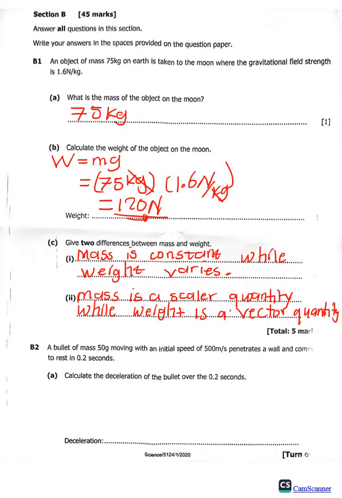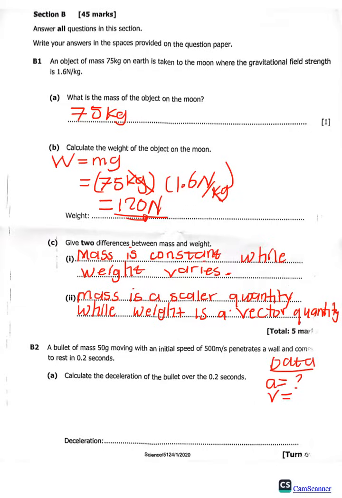A bullet of mass 50 grams moving with an initial speed of 500 meters per second penetrates the wall and comes to rest in 0.2 seconds. So let's look at the data. Acceleration we don't have, it is what we are solving for. Let's look at the final velocity.